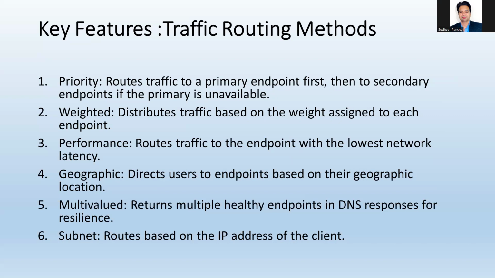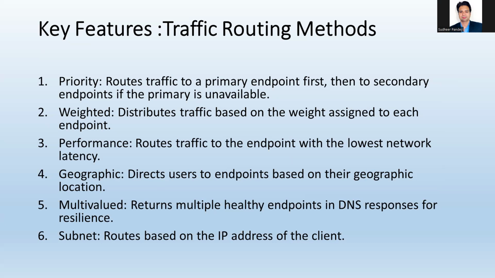But to understand, these basic traffic routing methods are of six types. One, priority based. Second, weighted. What is weighted? Distributing the traffic based on the weight assigned to each endpoint. Third, performance routes traffic to the endpoint with the lowest network latency. Now, geographic is also very important and is being used in almost all global organizations, where it directs users to the endpoint based on their geographic locations.